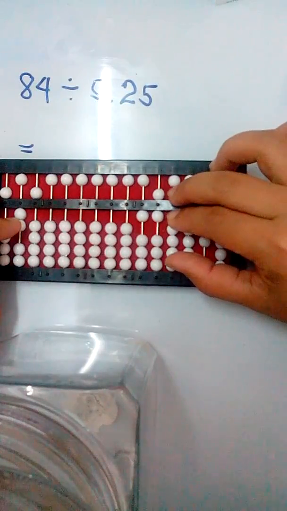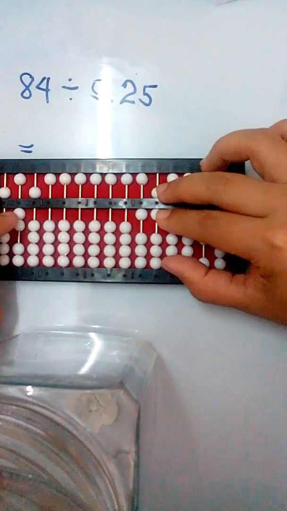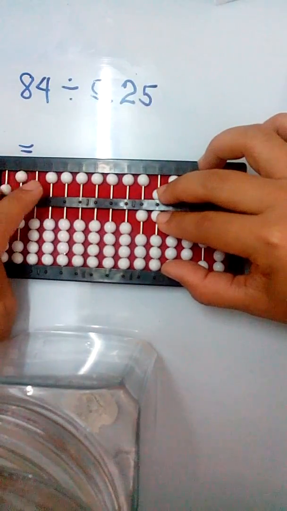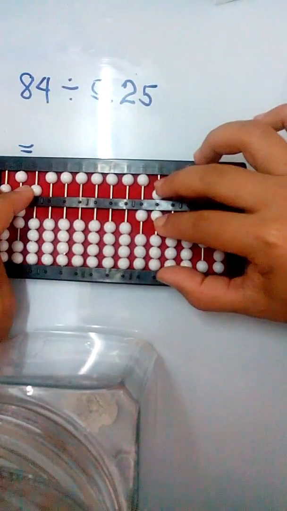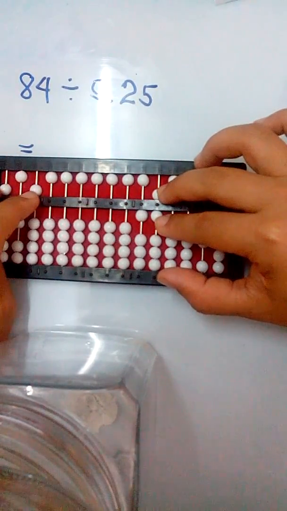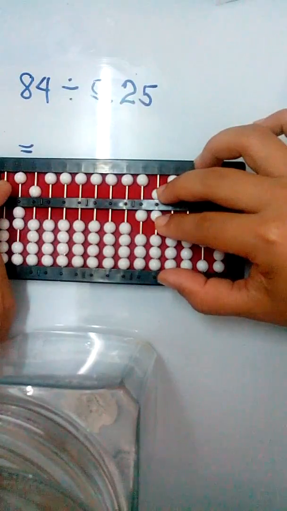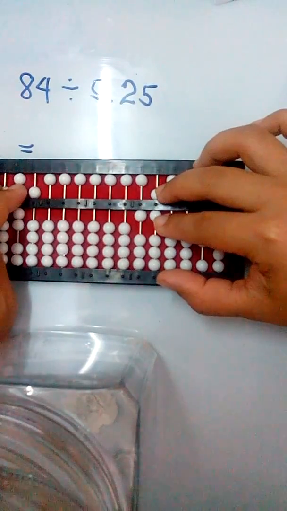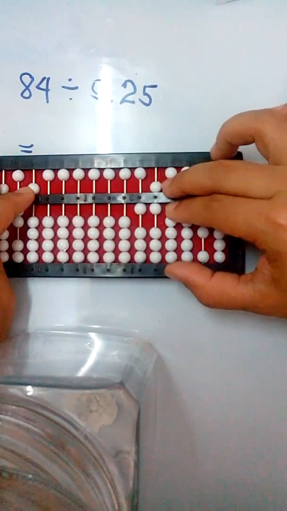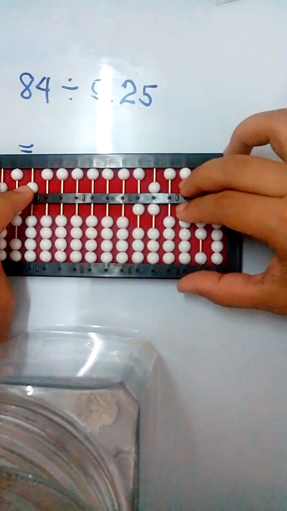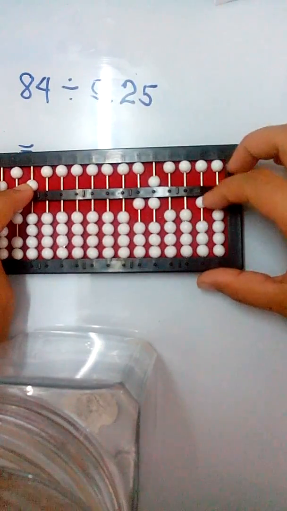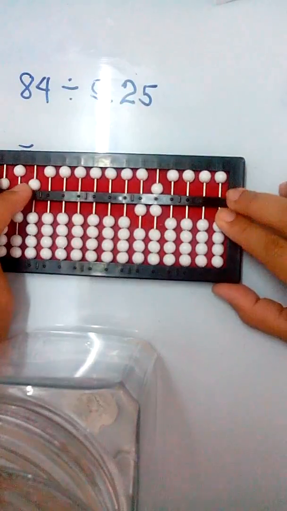Go back to quotient 6 and then multiply again to the next divisor, 5 on the third rod. 6 times 5 equals 30. Since divisor 5 is on the third rod, we have to skip 2 rods first from the quotient going to the right, 1, 2, before clearing 30. 6 times 5 equals 30. So 10, 20, 30.